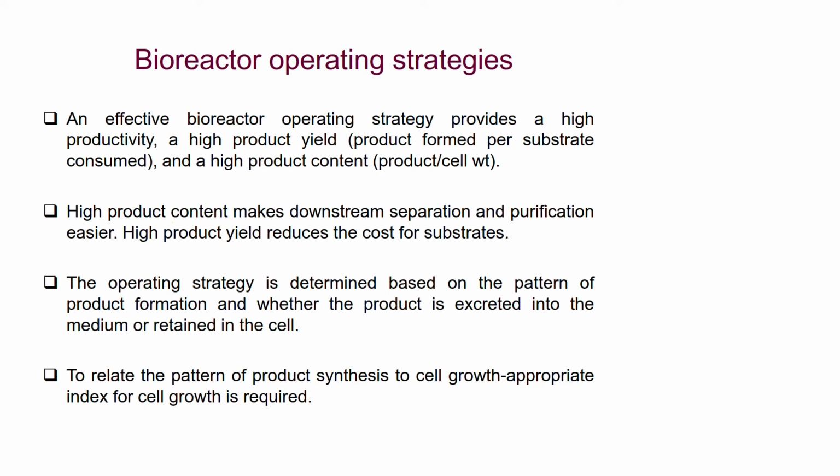Then if I want to improve the productivity, which is a sum of the biomass and the product, what should I do? I would say it is better to run in one reactor itself and have a two-stage cultivation. We'll increase the biomass, then we'll change the substrate.